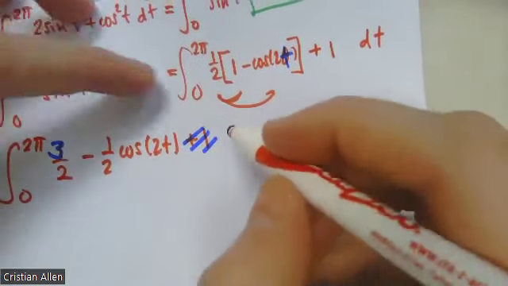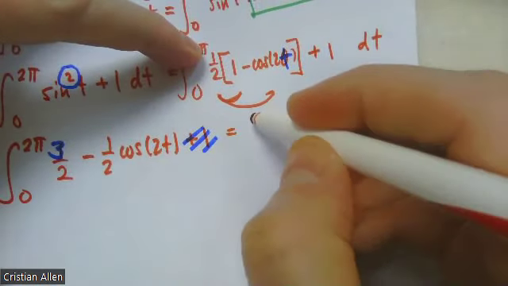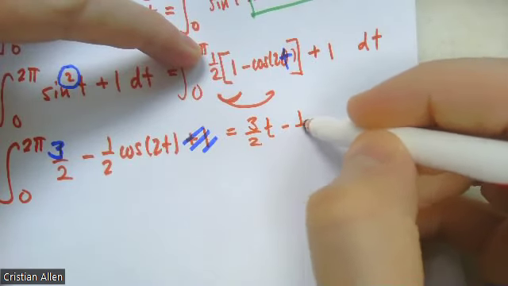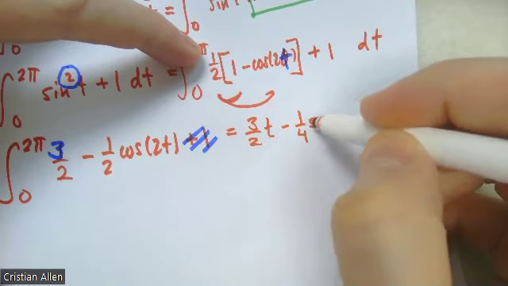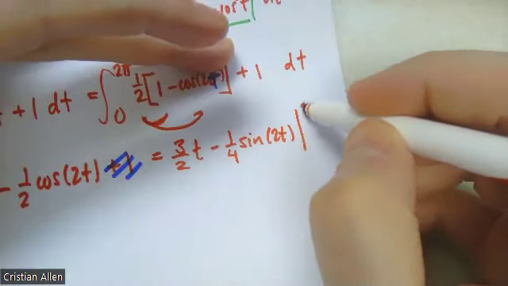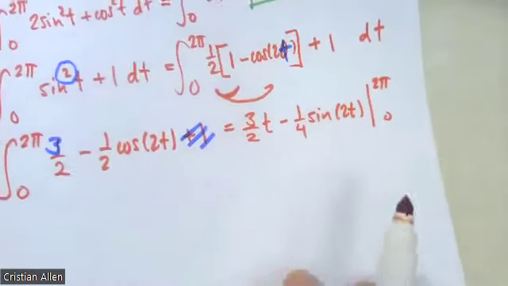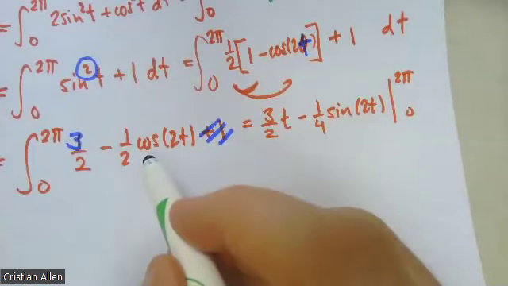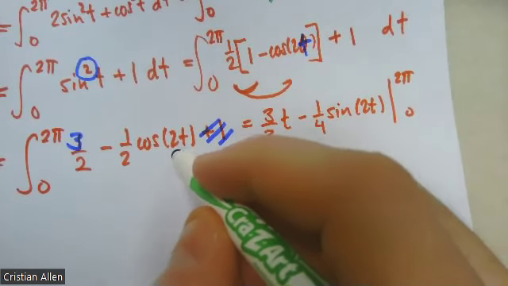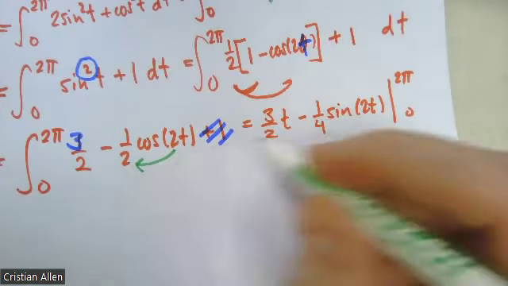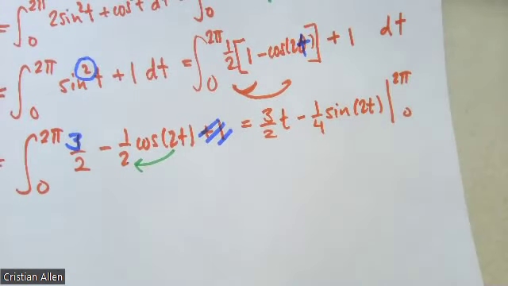Okay, integrating with respect to t, we have 3/2 t minus 1/4 sine 2t, evaluated from 0 to 2 pi. Just remember that when you integrate cosine, it becomes sine, but more importantly here, the 2 that is in there will go to the bottom. That's how we get the 1/4.